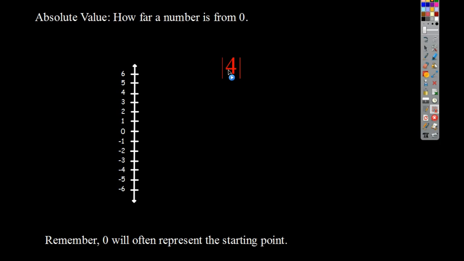Let's do the absolute value of 4. Okay, so what does the absolute value of 4 mean? It means, remember, how far a number is from 0. So we're going to say, how far is 4 from 0? Okay, well, here's 0. Let me see this in yellow. Here's 0, and I could say it's 1, 2, 3, 4, right?